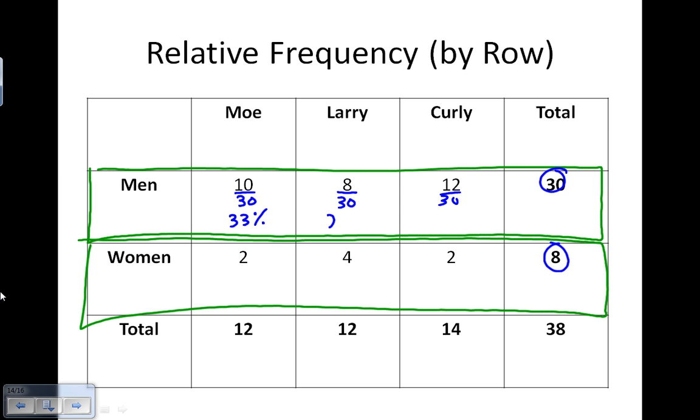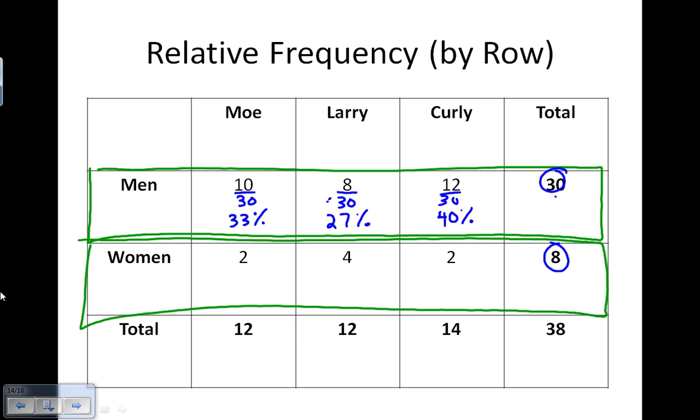This is 27%, and this is 40%. So notice if we just look at the men only here, this helps us break down what the men voted for. So most of the men voted for Curly, followed by Moe with 33%, and then followed by Larry with 27%. Notice we're dividing once again by 30 because we're only looking at the row, which is the men.